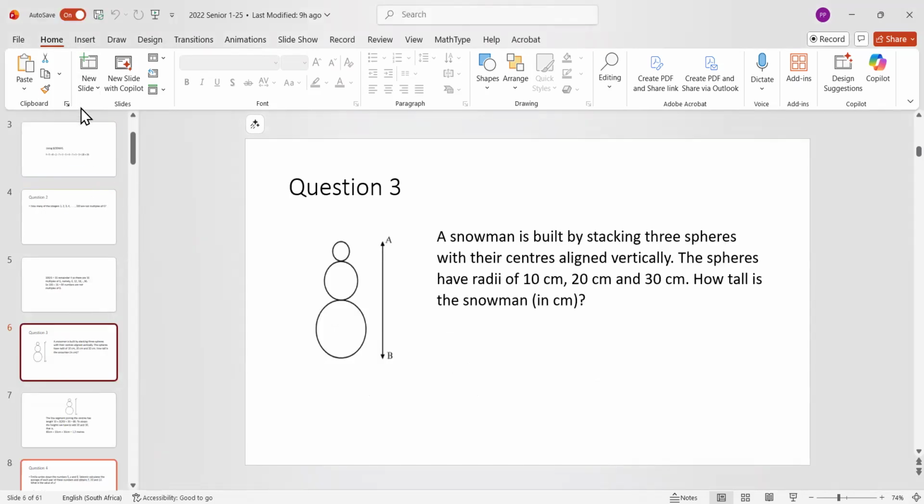We get on to question 3. A snowman is built by stacking three spheres, as we see, aligned vertically.